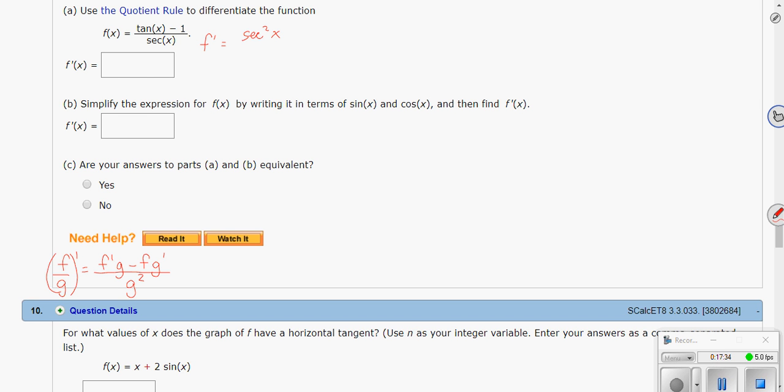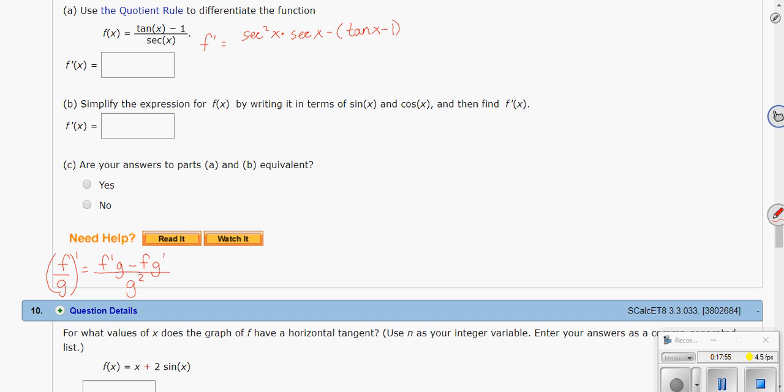And then you have to take it times g, which is secant x, right? Minus my f, which is the whole numerator, tan x minus 1. That's why I put it in parentheses, because it's a binomial, times the derivative of the denominator.